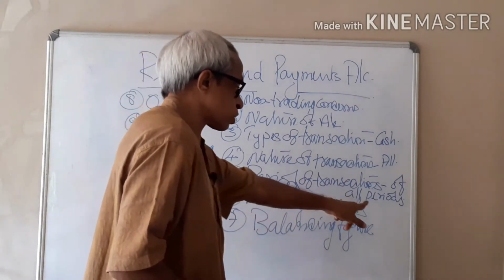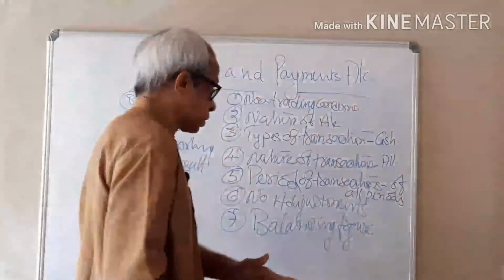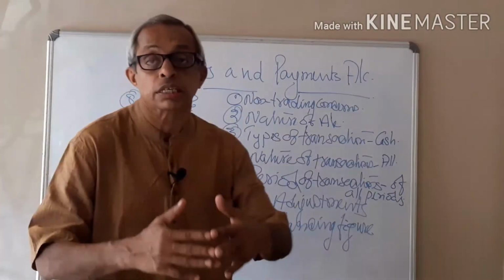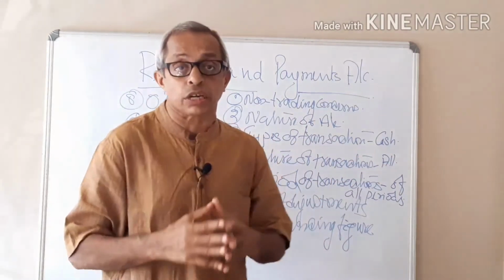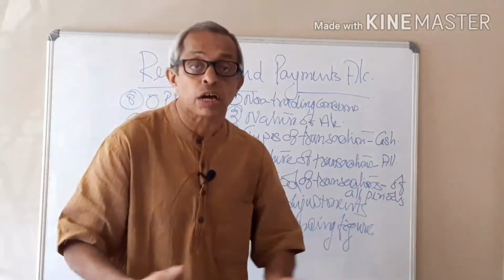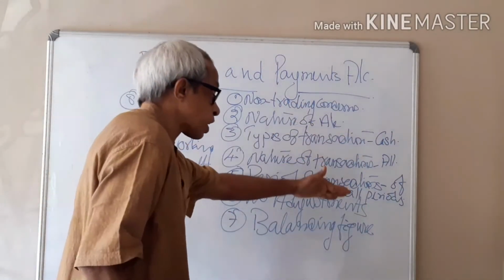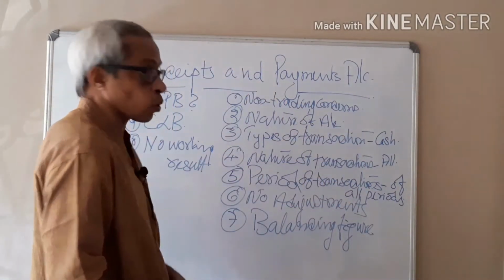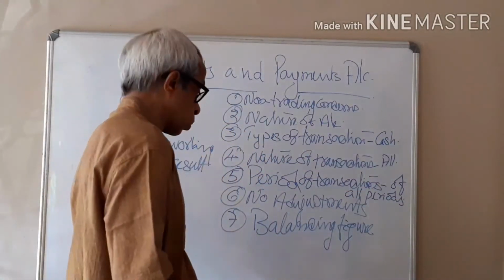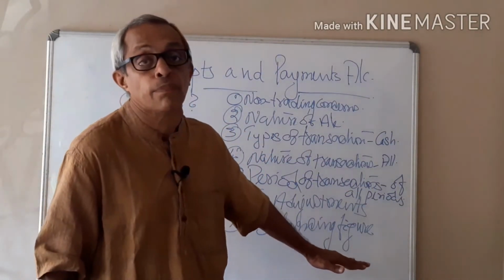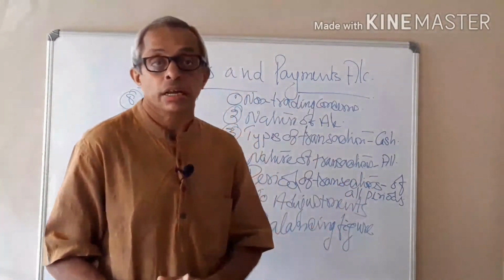Period of transactions is with regard to all periods, and nature of transactions is all types of transactions, whether they belong to real account nature, personal account nature, or nominal account nature. All these are incorporated in the receipts and payments account, and there will be no adjustments. The balancing figure will be, in the normal case, cash in hand.